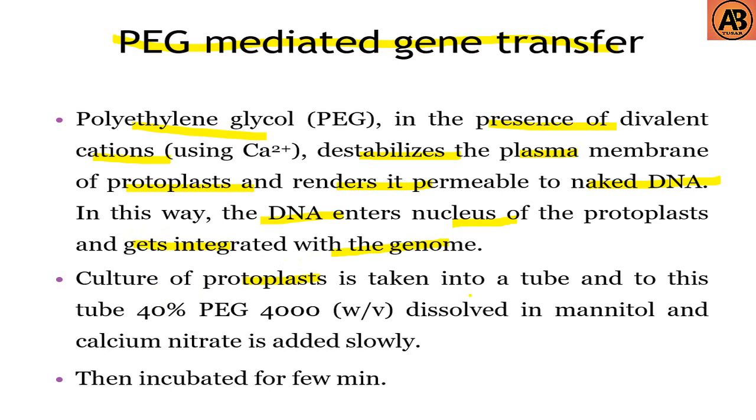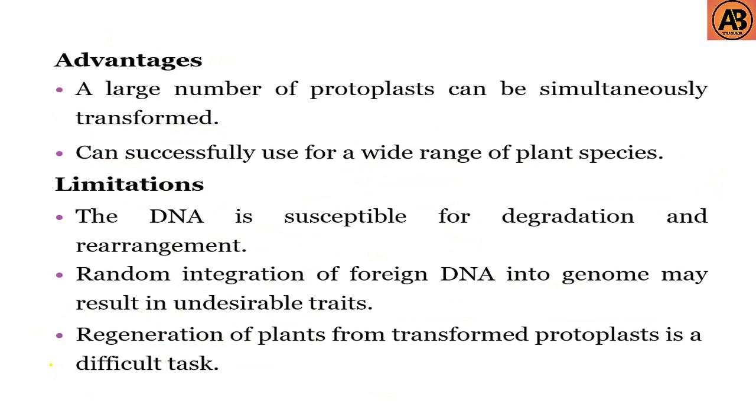Culture of protoplast is taken into a tube, and to this tube 40% PEG 4000 W/V dissolved in mannitol and calcium nitrate is added slowly, then incubated for a few minutes. So what are the advantages of PEG? Advantages are a large number of protoplasts can be simultaneously transformed.